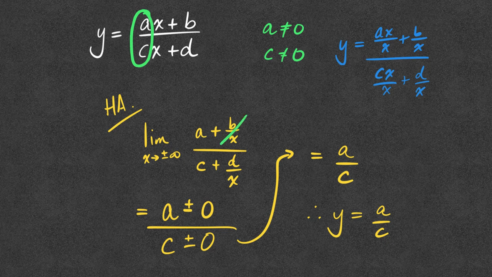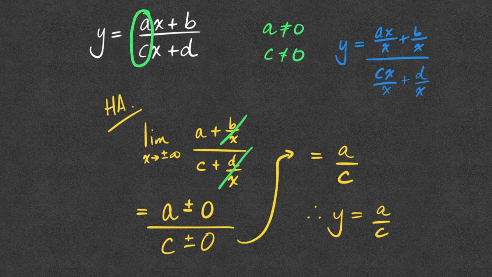Because b over x and d over x are going to approach 0 when we allow x to become huge, to become big and always keep getting bigger, then what we're going to be left with is the coefficient. And so as we work our way through that limit, in gold, I hope you can see why the trick works.